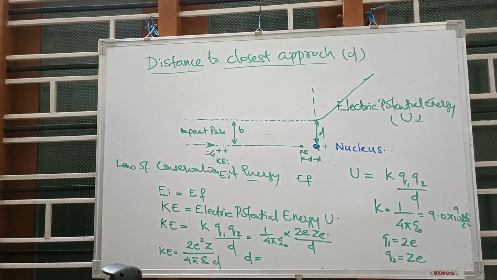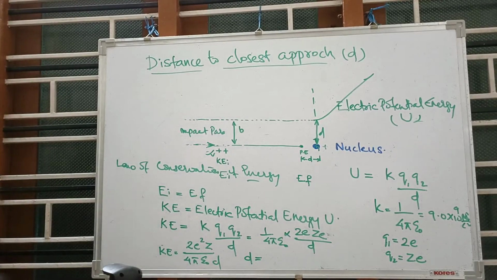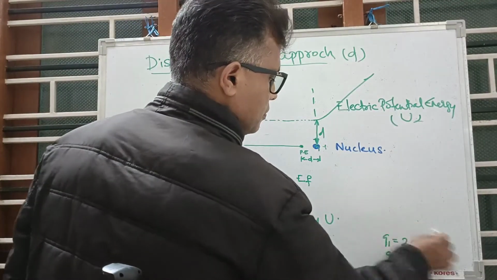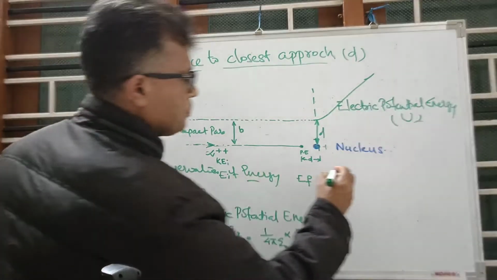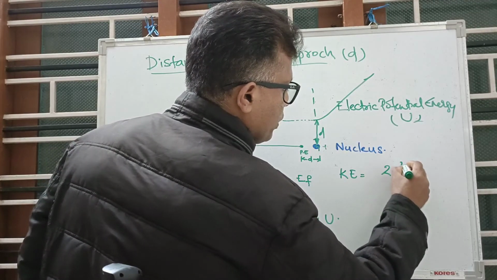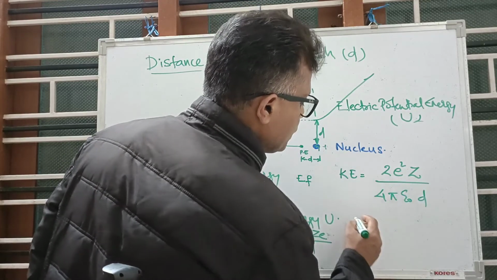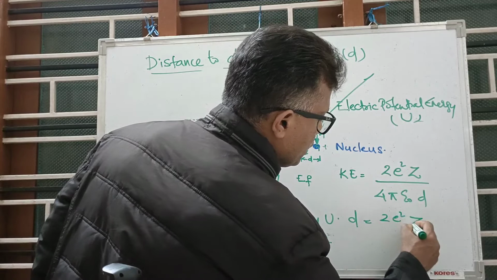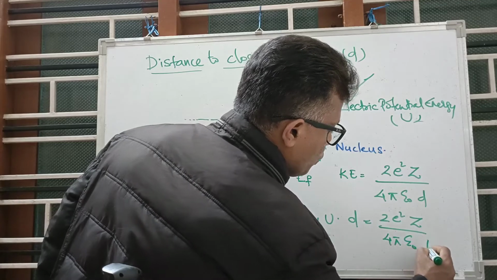Okay, so we know that the kinetic energy is equal to 2 E square Z divided by 4 pi epsilon 0 into D. So I am just writing D is equal to 2 Z E square divided by 4 pi epsilon 0 kinetic energy.